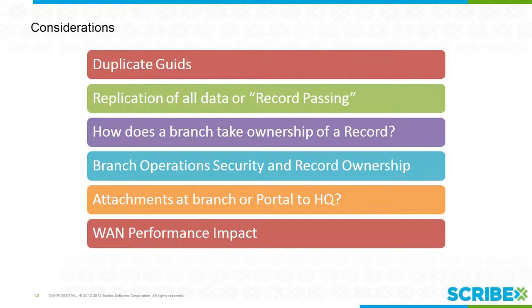So you've got to consider and test for those kinds of performance issues that might come along the way. Scribe can move the data, it's just that there's a network it has to move it across, so maybe we move the attachments after hours, or during a certain period of time. So you move part of the record at one point, but the rest of it comes over later on.